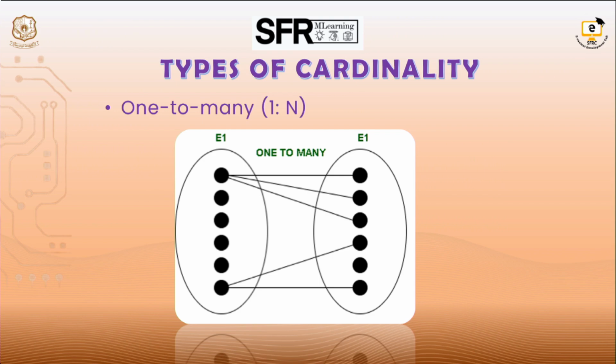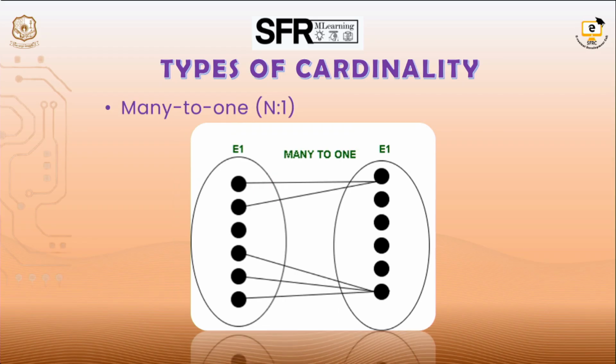You can see in this diagram, we have two entities, E1 and E2. The first entity in E1 is connected to the first three entities in the other entity set. This relationship is called one to many cardinality.